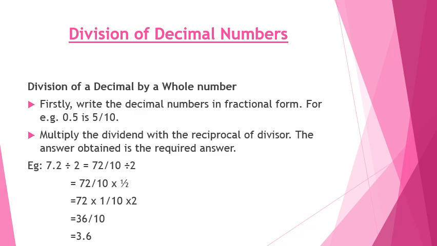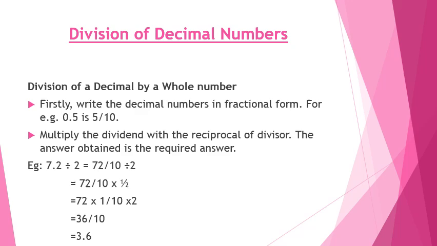So our next step becomes 72 upon 10 into 1 upon 2. Now we follow the method of multiplication of fractions, that is, the numerators are going to be multiplied together, 72 into 1, upon the denominators multiplied together, 10 into 2.